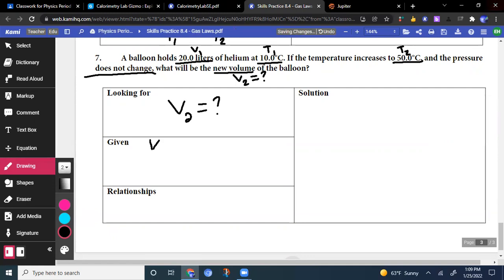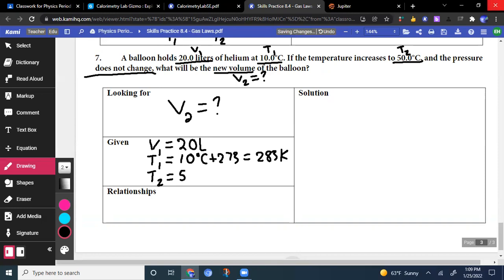We are given V1, we are given T1, and we are given T2. V1 is 20 liters. T1 is going to be 10 degrees Celsius plus 273. Turn it into Kelvin, would be 283 Kelvin.